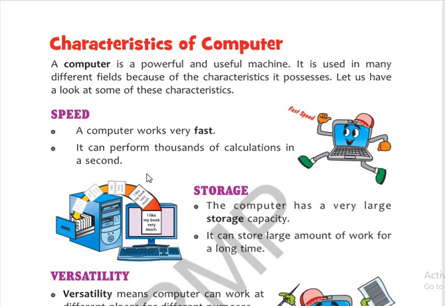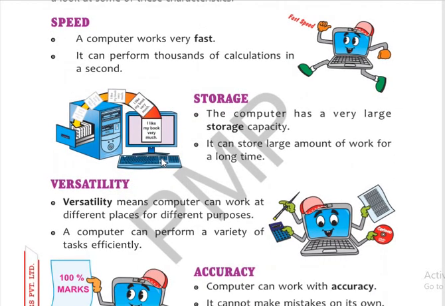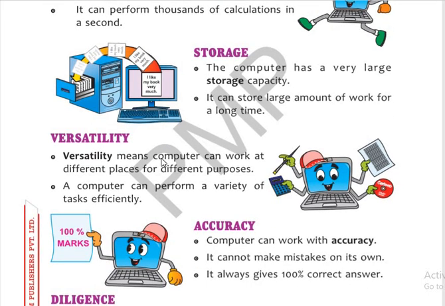The third important characteristic of computer is versatility. Versatility means being able to perform each and every operation. So computer is not just doing calculation, but it is also performing many other tasks, a variety of tasks efficiently.